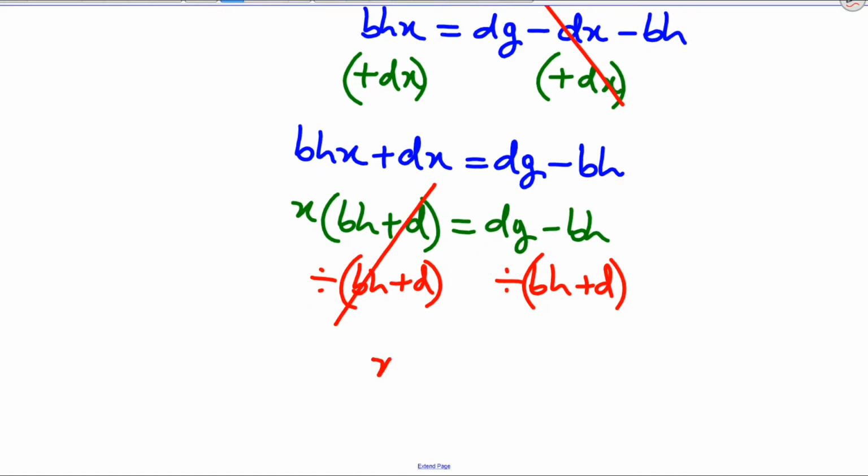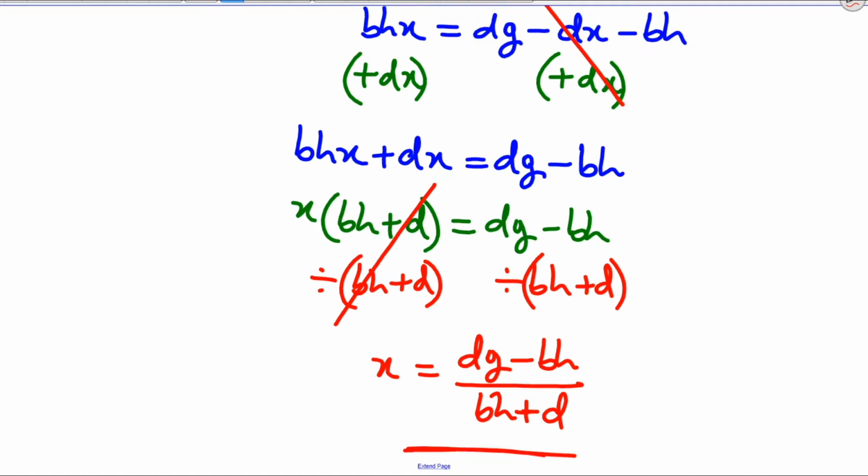So X will be equal to DG minus BH over BH plus D. Okay, and that will be our final solution.